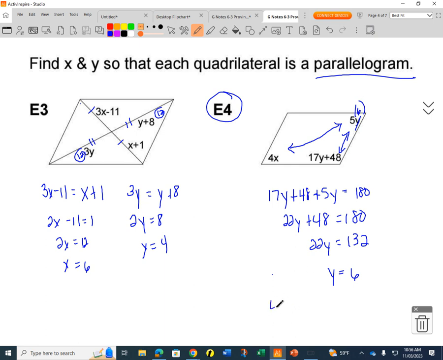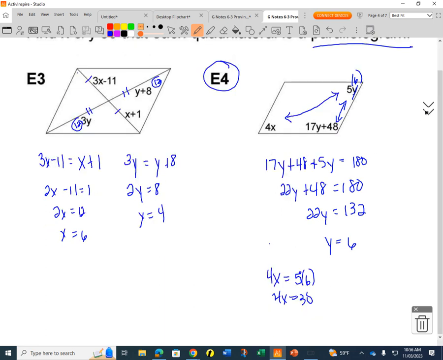So now I know 4 times x equals 5 times 6, or 4x equals 30. If I divide both sides by 4, x equals 7.5. Any questions on example 4? Does that make sense, Jaden?